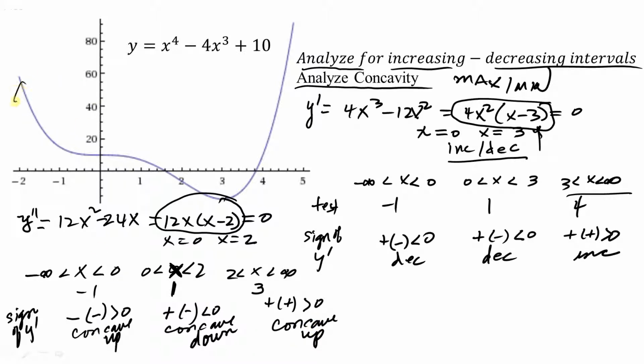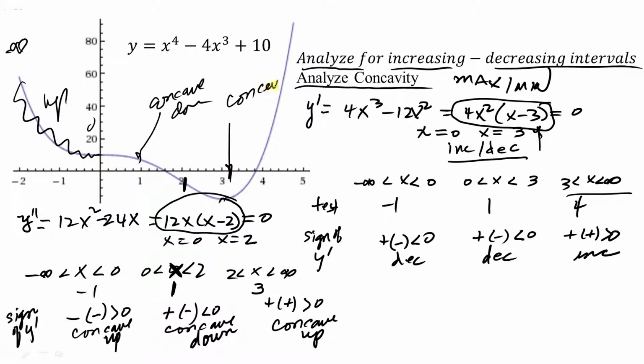And sure enough, for the first part of this function, from minus infinity to 0, it's concave up. Then it's concave down between 0 and 2. And then it's concave up again.